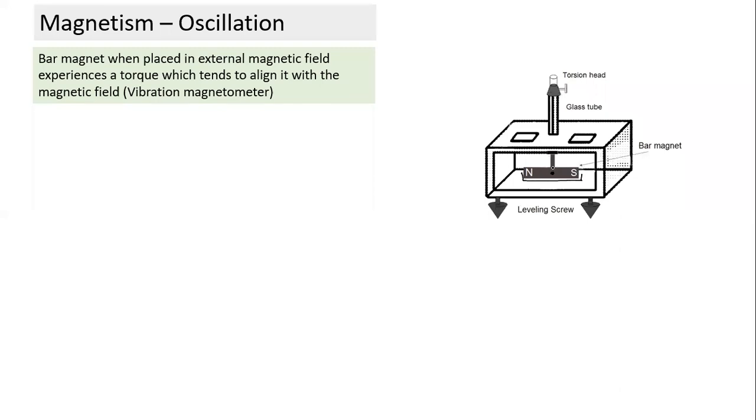This arrangement is similar to a compass, where the bar magnet can oscillate about a vertical axis. The purpose of this arrangement is only to make a bar magnet free to rotate about a vertical axis, nothing else.